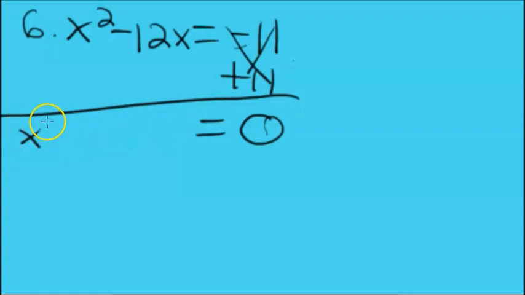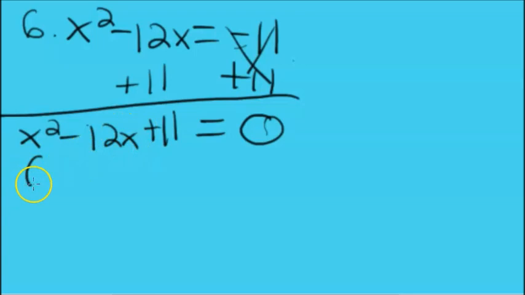So we'll have x squared minus, you're adding it to this side as well, x squared minus 12x plus 11. Okay, so this is going to be your new term, the term that you're going to work off of. So we have our parentheses, set it equal to 0.